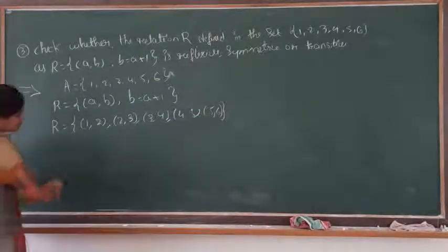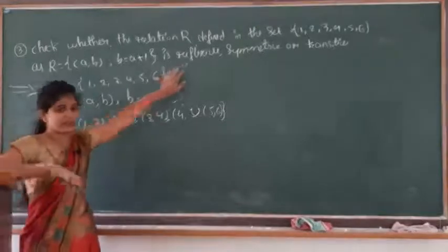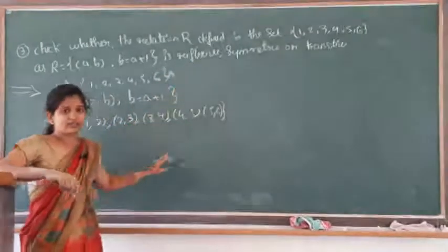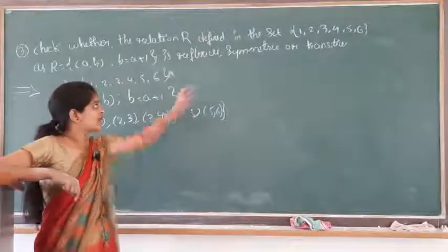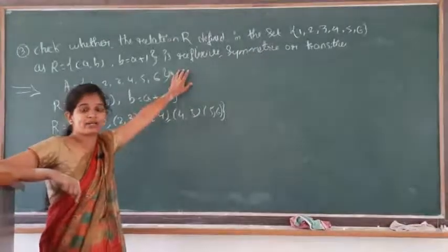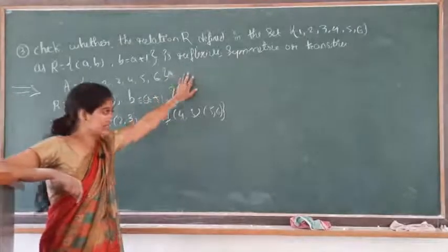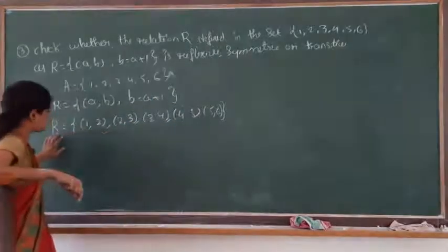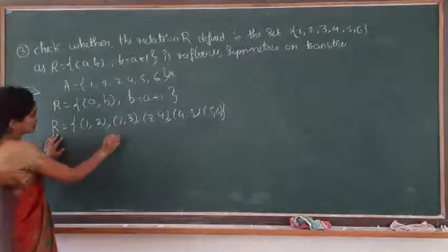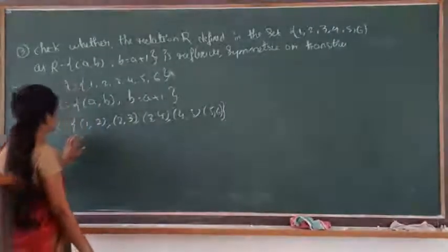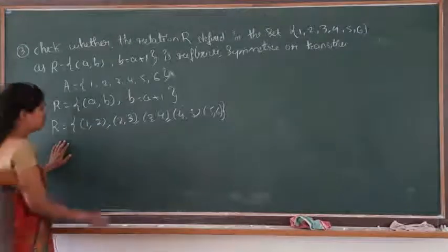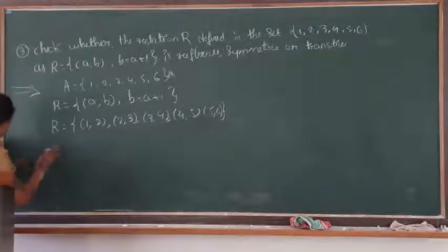According to our definition of reflexive, if every element is related to itself, then only R is reflexive. Every element should be related to itself. But in the given relation R, no element is related to itself. That's why R is not reflexive.